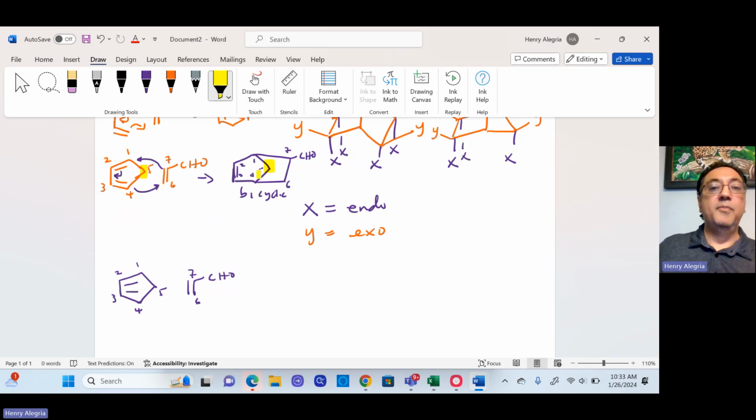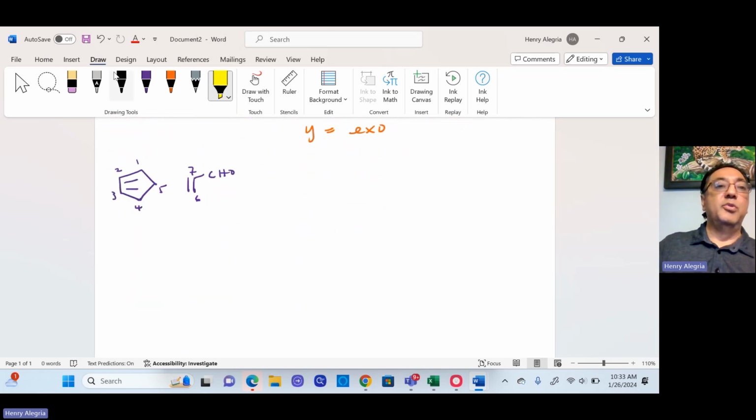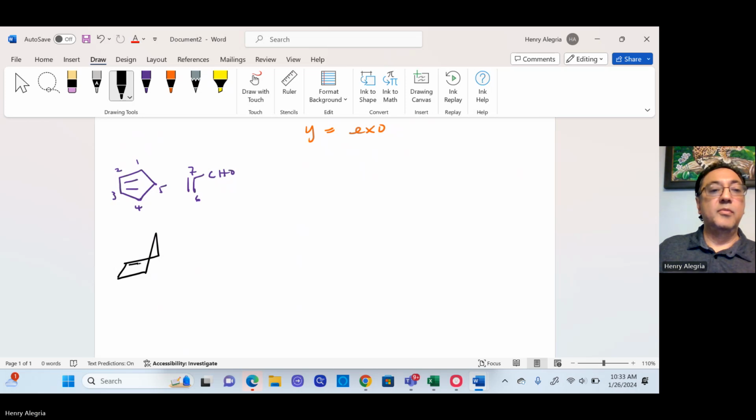It ends up here. So to be more accurate about this, it's better to redraw this. And the way to redraw it is to put the 5 out. So now there's 1, 2, 3, 4, and I've essentially removed 5 out of the way.